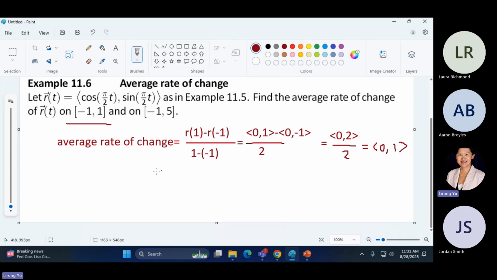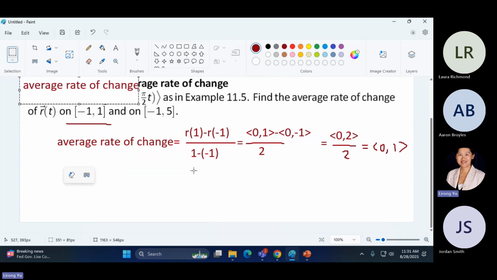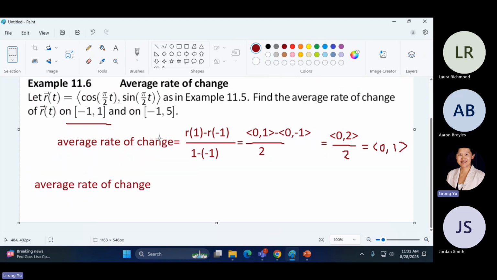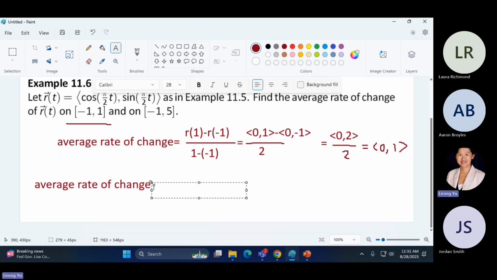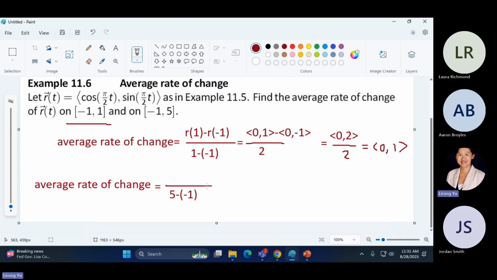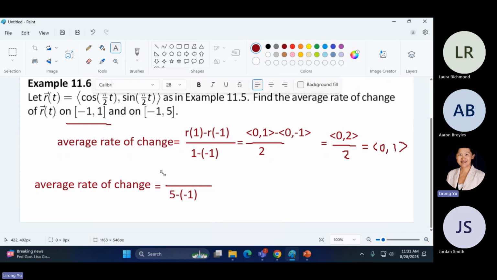So that's the first question. For the second question, the average rate of change on the longer interval, the denominator is 5 minus negative 1, which is 6. The numerator is the value of the function at 5.